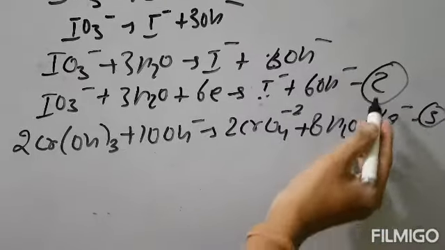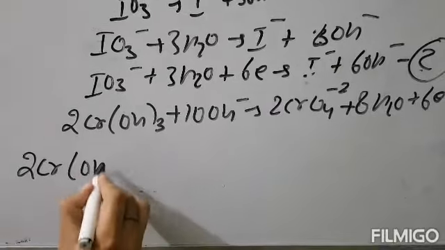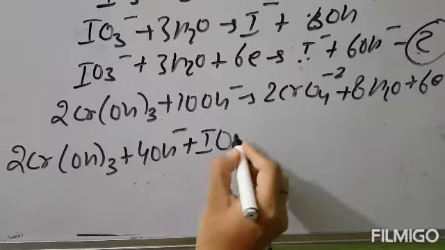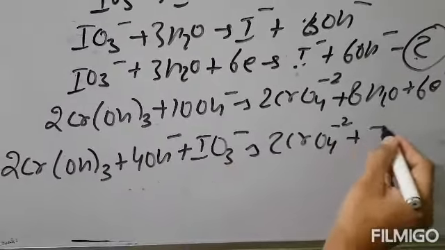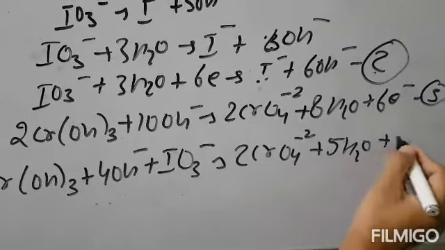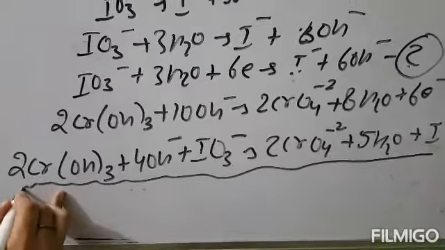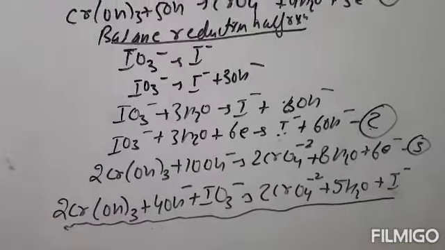Now adding equations 2 and 3, we will get 2Cr(OH)3 plus 4 OH- plus IO3- gives 2CrO4 2- plus 5 water molecules plus I-. So this is the balanced redox reaction by the ion electron method in basic medium.